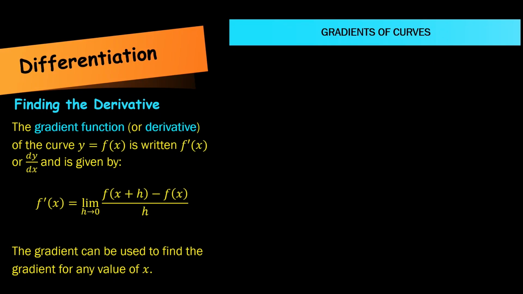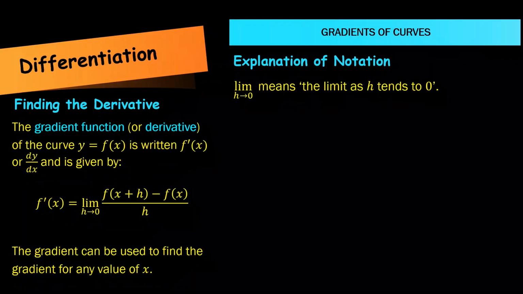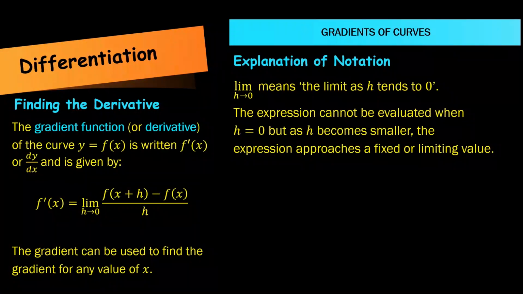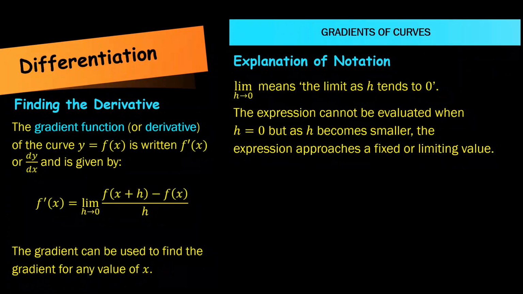The gradient function can be used to find the gradient for any value of x. Let's take a look at this notation. Lim h tends to 0 means the limit as h tends to 0. The expression cannot be evaluated when h equals 0, but as h becomes smaller, the expression approaches a fixed or limiting value.